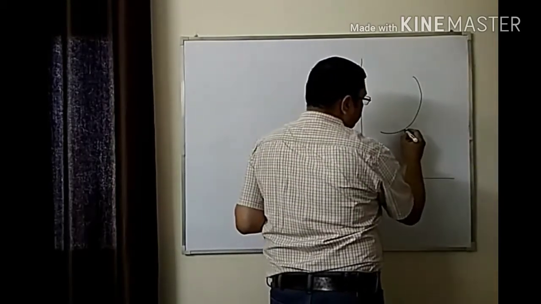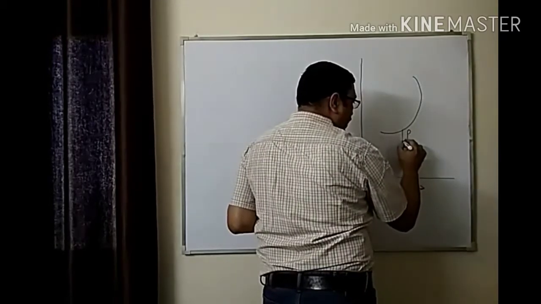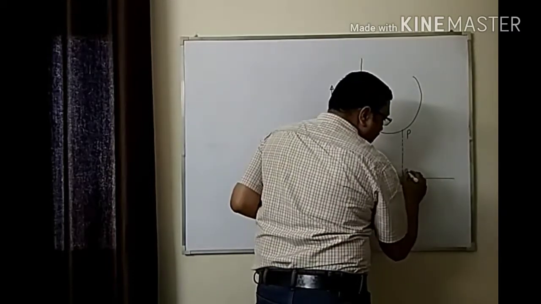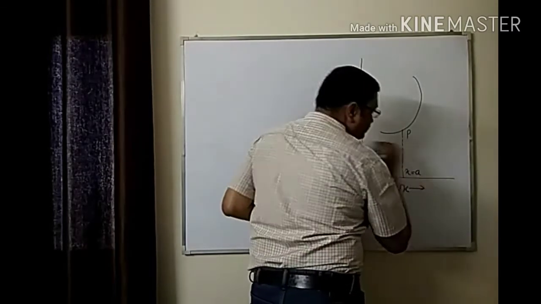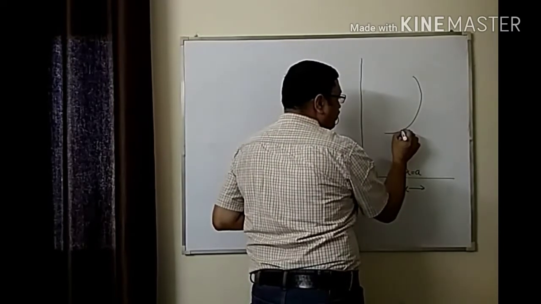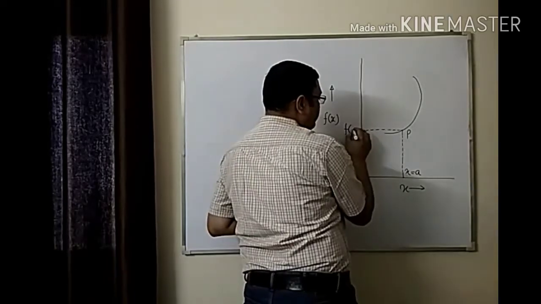On this curve, suppose we take a point P. This point P has the x coordinate x is equal to a, so it will have a particular value of function, that is f(a).